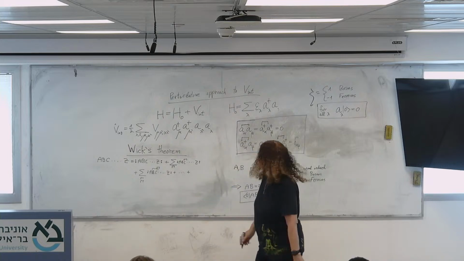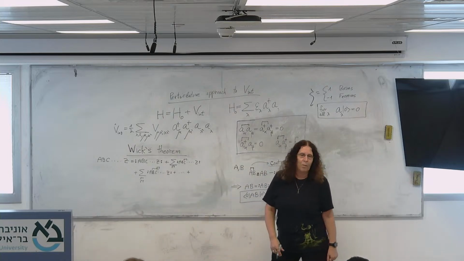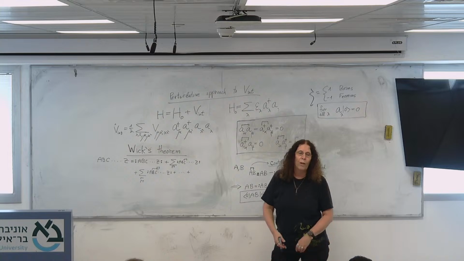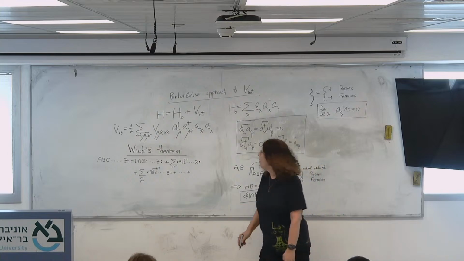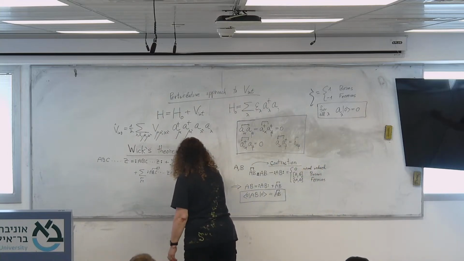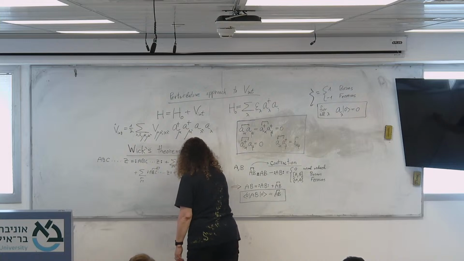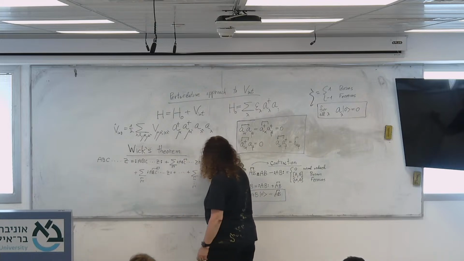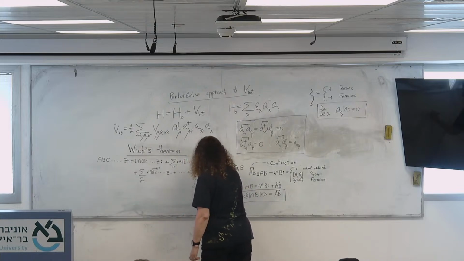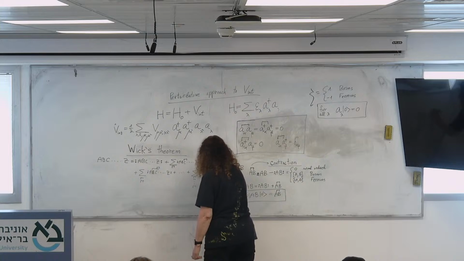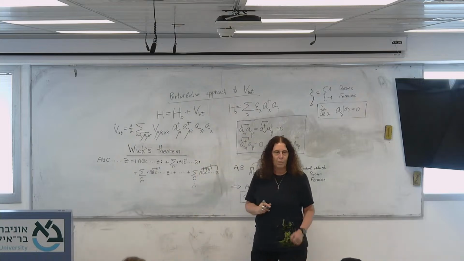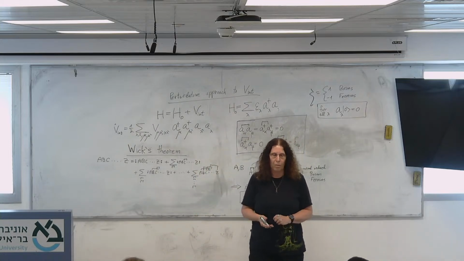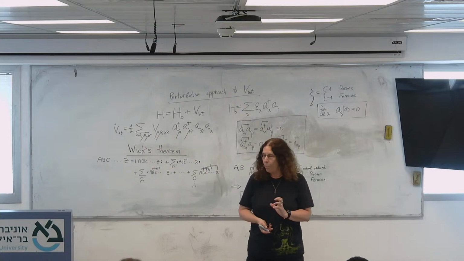The last term is contracting everything, the sum over all the possible contractions where I contract this and this, this and this, so everything is contracted, and I get just a number.